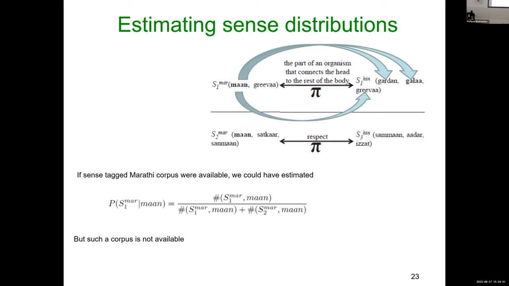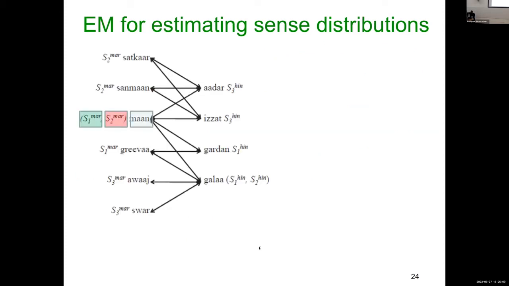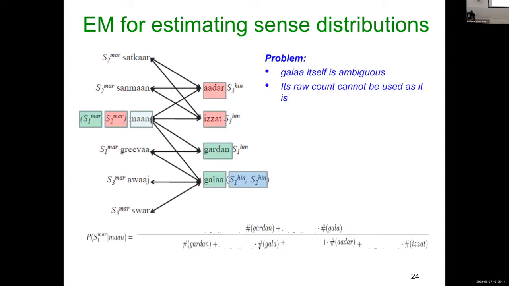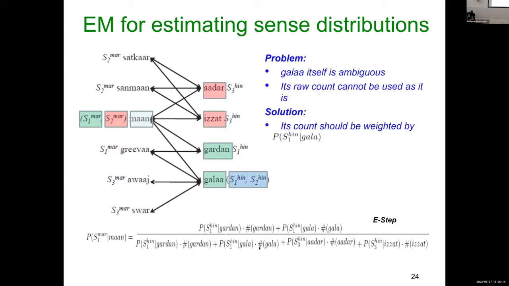Now, the probabilistic formulation is that we compute the probability of the sense given the word, and whichever sense has highest probability is the winner sense. Now, this obviously requires a corpus which is annotated with senses, but we say that we are doing it in an unsupervised framework, and there is a nice idea which is based on expectation maximization. So we express the probability of the sense in Marathi in terms of the probability of the sense in Hindi.